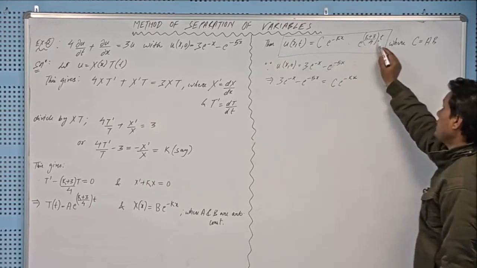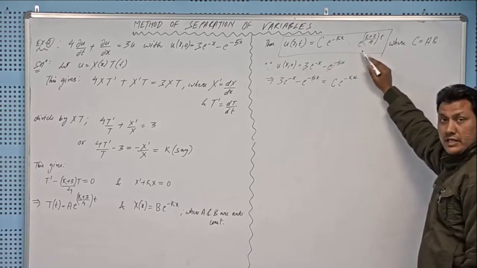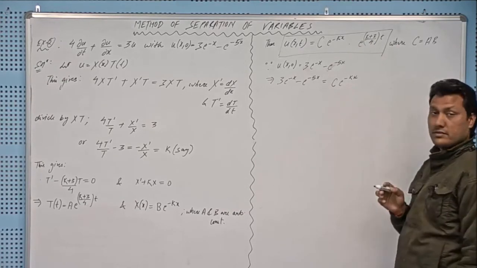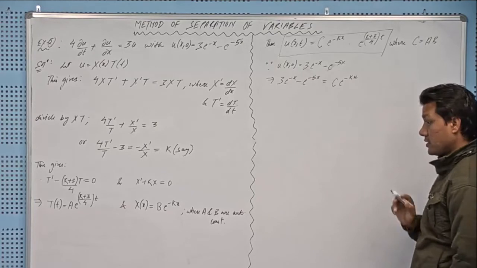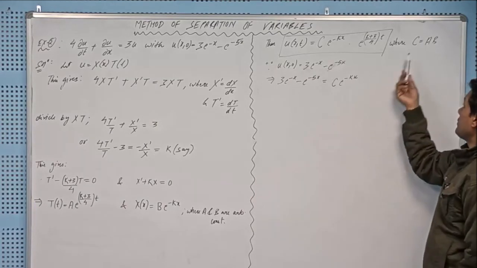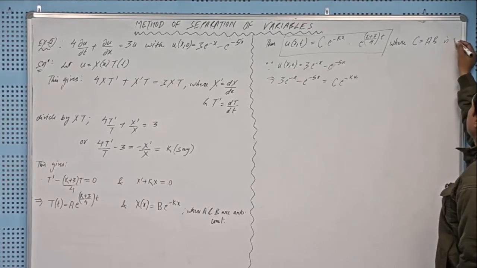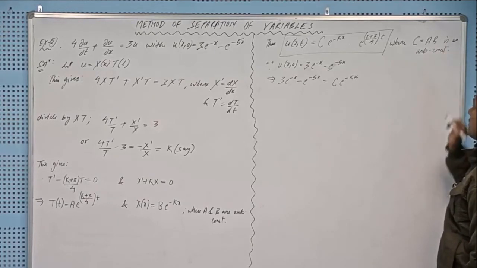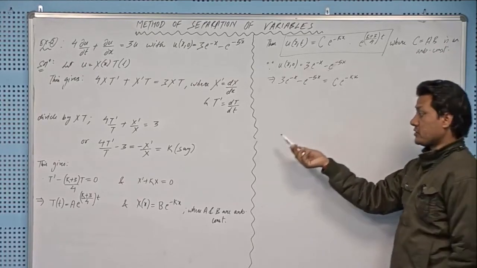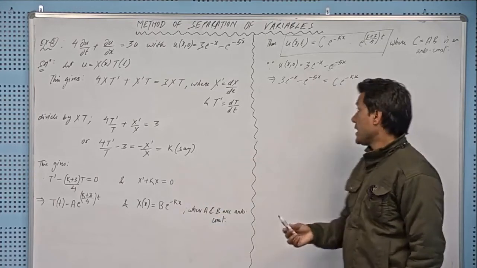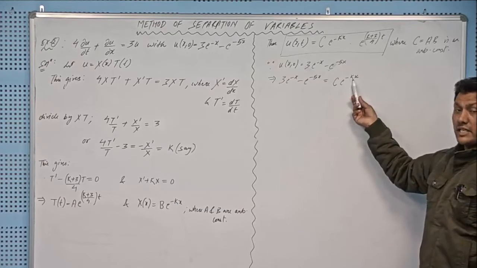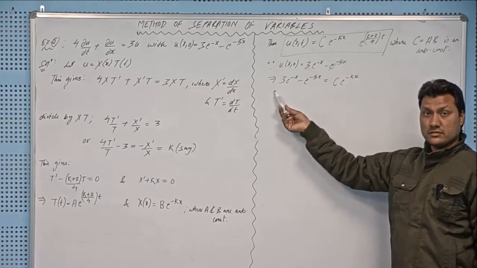See this, if you put t equal to 0, this will become 1, and I will be left only with the term c times e to the power minus kx, right? And this is the important step. Note that c is an arbitrary constant, and k is also a separation constant, that is also arbitrary, and you may vary c and k according to this left hand side, right?